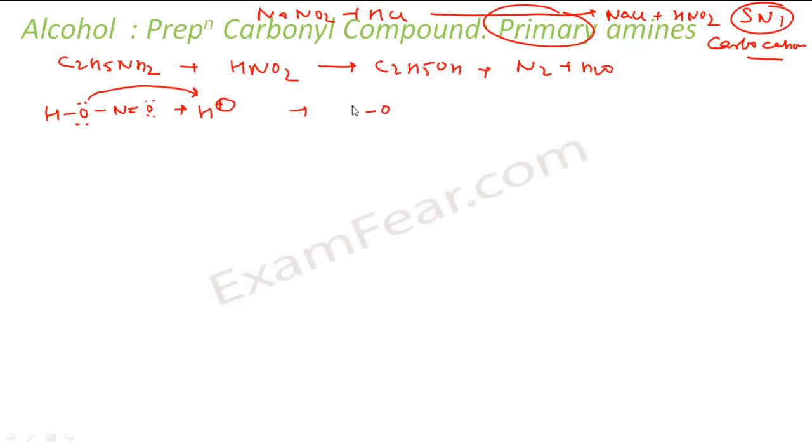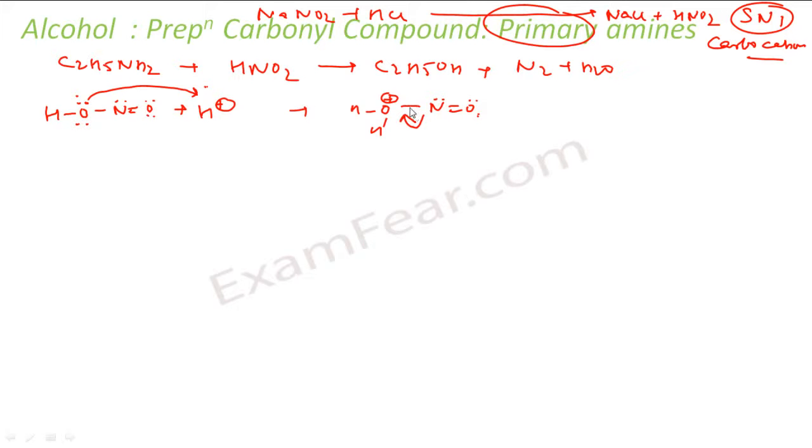Since this electron moved from oxygen to H, this will get a positive charge, this will get a negative charge. Negative and positive will combine, neutral, and this will get a positive charge. So in the end there is a positive charge on oxygen. This is H2O plus, it's a good leaving group, so it will leave.